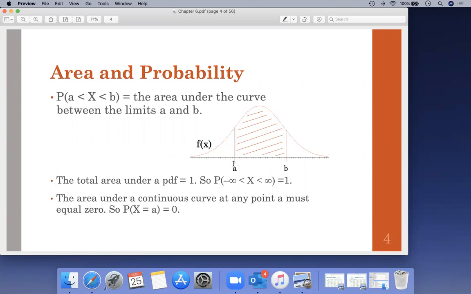But if it's a line, we cannot find the area of a line, because here we have only one point. So we don't have an area. We have a line. So the probability of any point in this continuous curve should be 0.